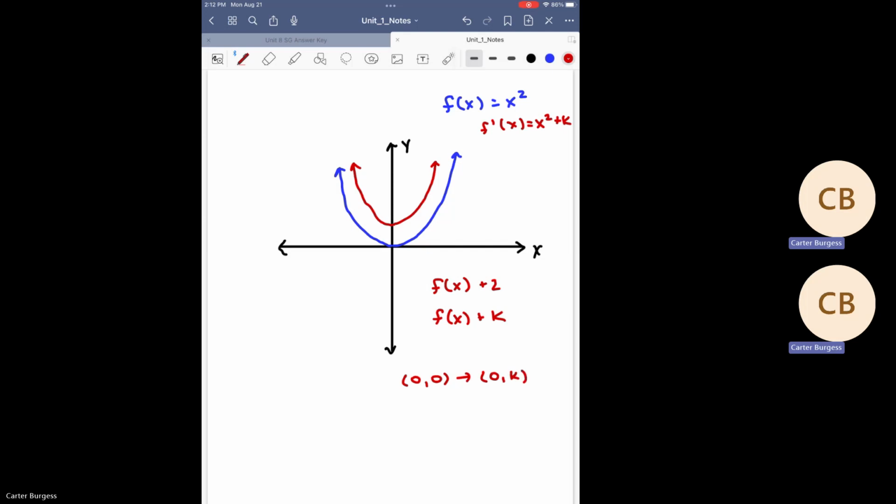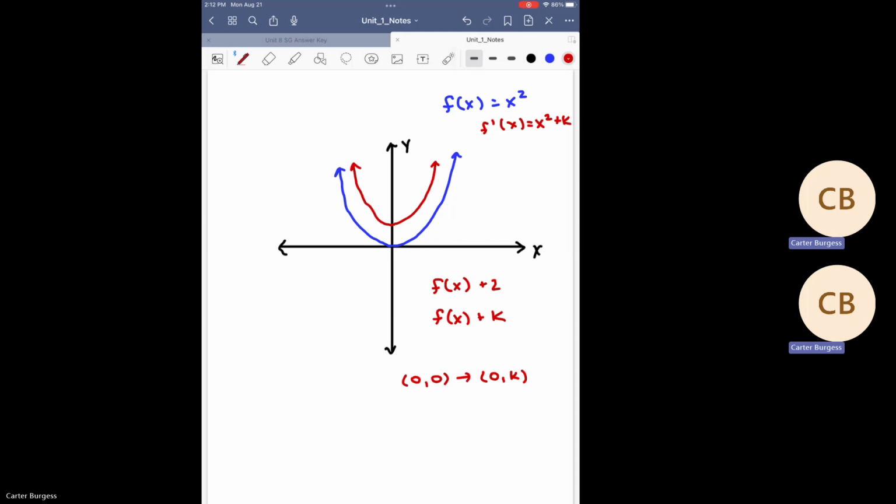Now, this isn't just the origin. This is actually any point on my graph. I can think of shifting it by k up.